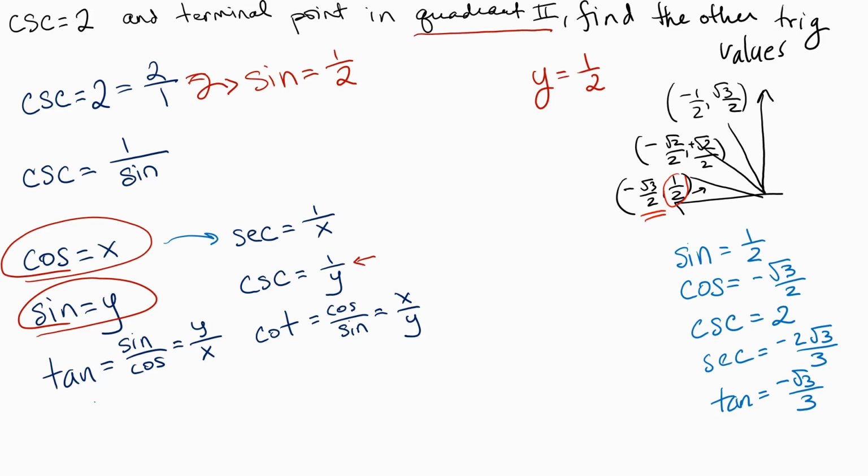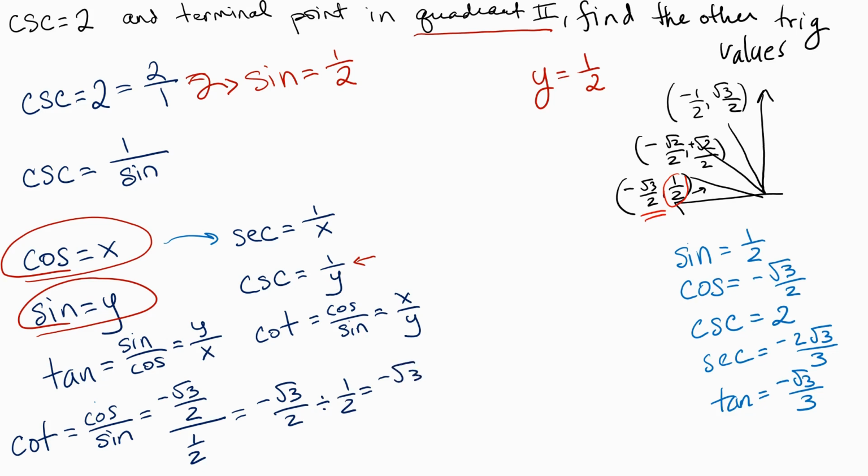is our cotangent. So our cotangent is going to be our cosine over sine, or x over y. So our cosine, negative root 3 over 2. Our sine is 1/2. So we are going to do the same thing. Negative root 3 over 2 divided by 1/2, which means we're going to flip our 1/2, make 2 over 1.